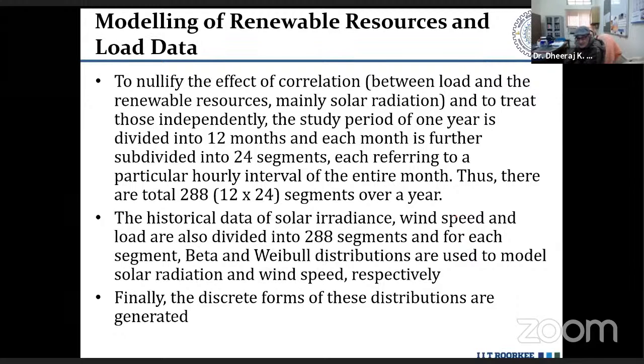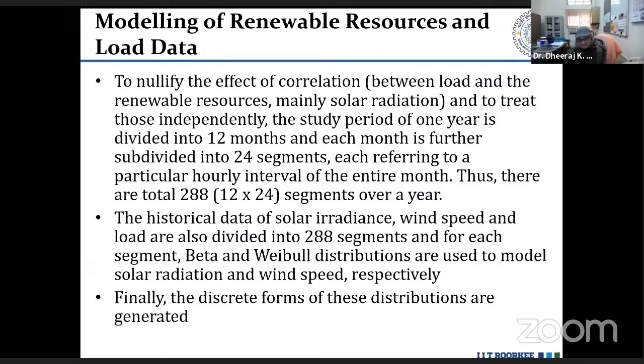And then for each month, we subdivided into 24 segments, meaning each segment is for one particular hourly interval of a month. So 12 into 24, we have a total of 288 segments over a year.